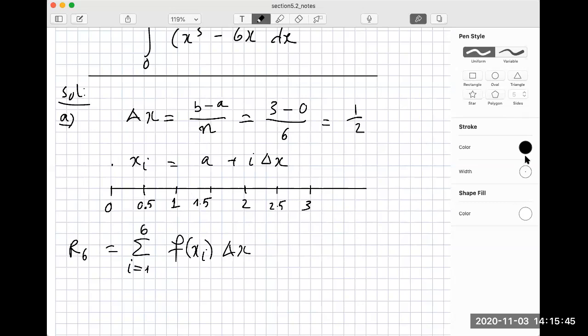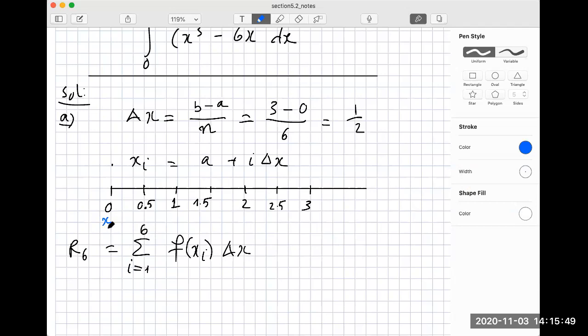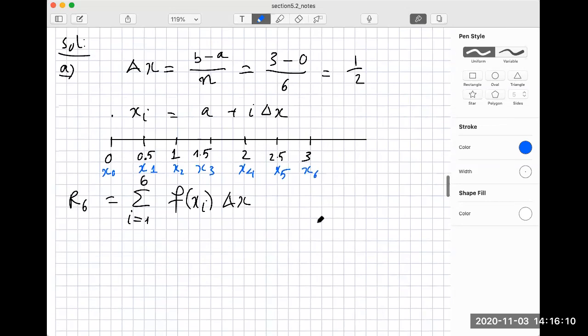See that this is x0, this is x1, x2, x3, x4, x5, and x6 is 3. Okay, we know the xi's, and the function f is given already.